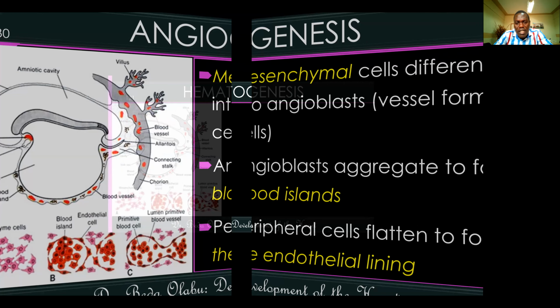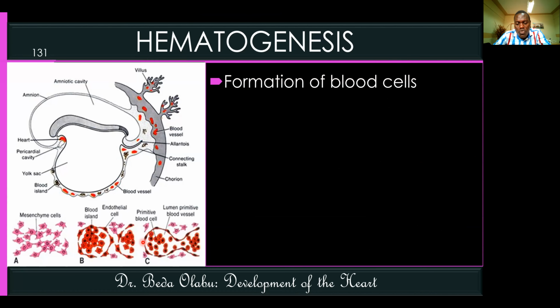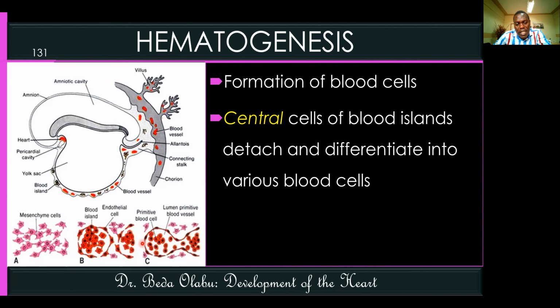And how do blood cells form? The process of formation of blood cells is what we are calling hematogenesis. You can call it hemopoiesis, but let's call it hematogenesis. So hematogenesis is the process of formation of blood cells. For blood cells, we'll now focus on the cells at the center of the blood island.